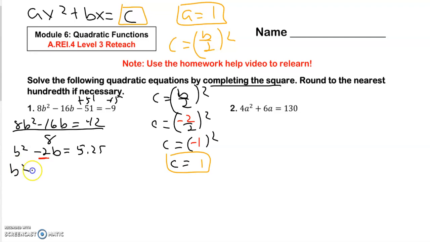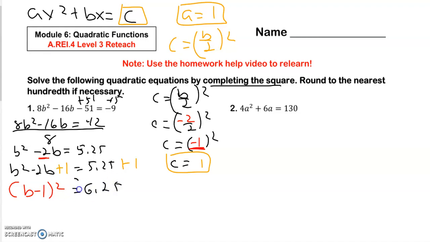So it's b squared minus 2b plus 1 equals 5.25 plus 1. If I show all my steps, I know exactly what goes underneath the radical: the -1. So I put the -2 down, and then I get equals 6.25. Then you take the square root of both sides.